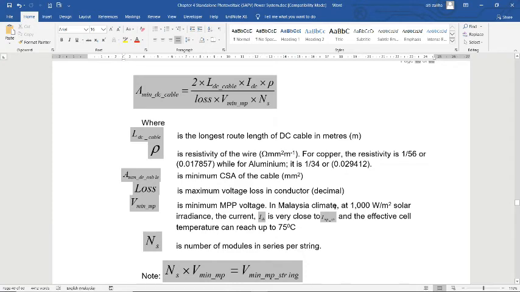In Malaysia's climate, at 1000 watt per square meter solar irradiance, the current IDC is very close to IMP-STC, and the effective cell temperature can reach up to 75 degrees Celsius. So this is Vmin, the minimum voltage at maximum power point.